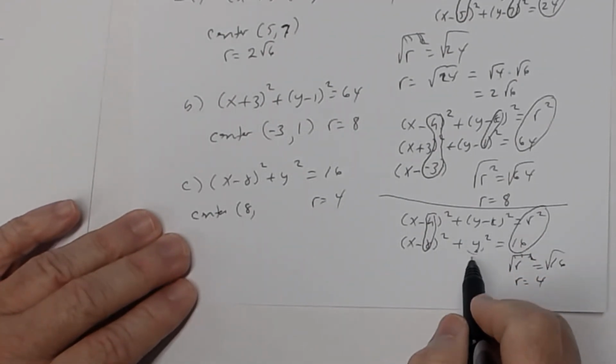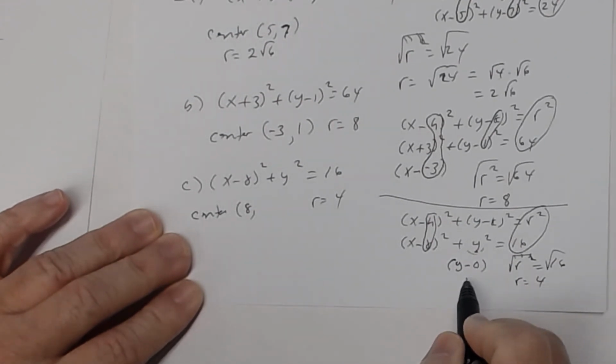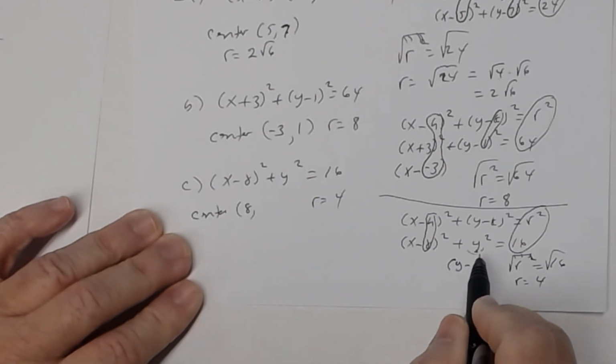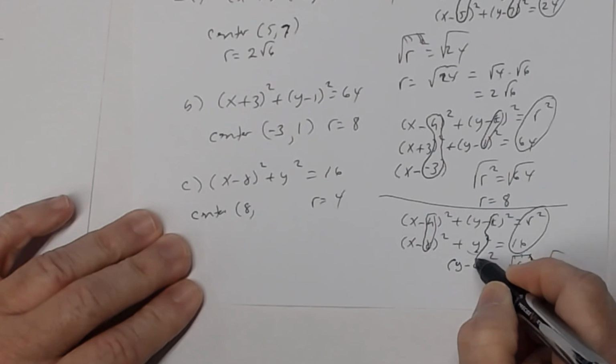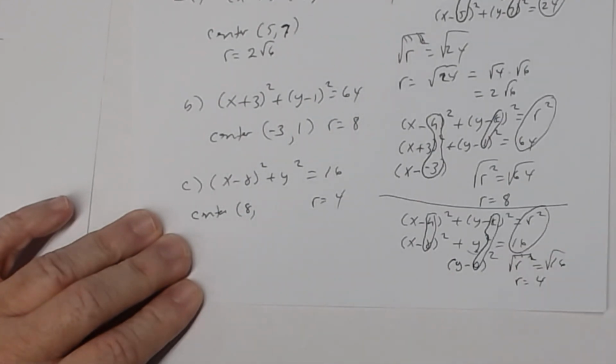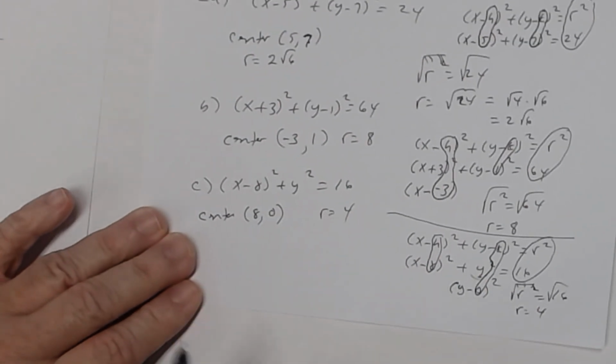So y, you got to think like this now. y is the same thing as saying y minus 0, right? y minus 0 is the same thing as y. And so now we'll see that k is 0. So your center is (8, 0).